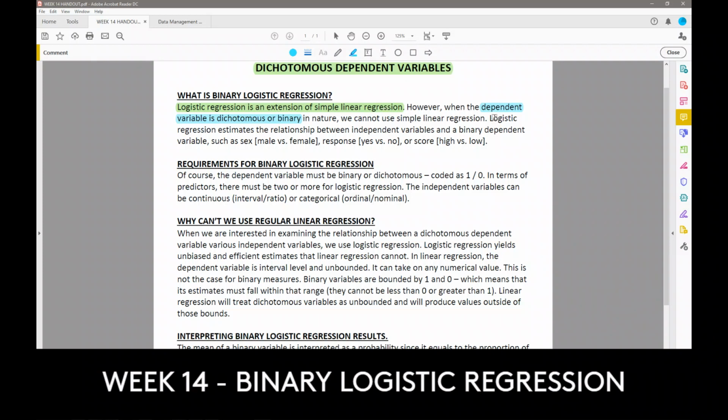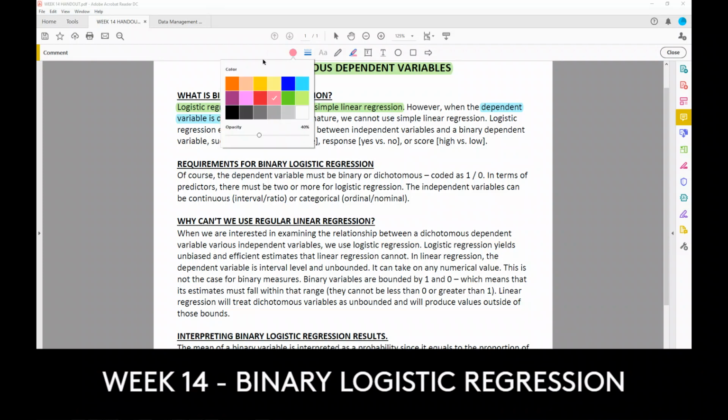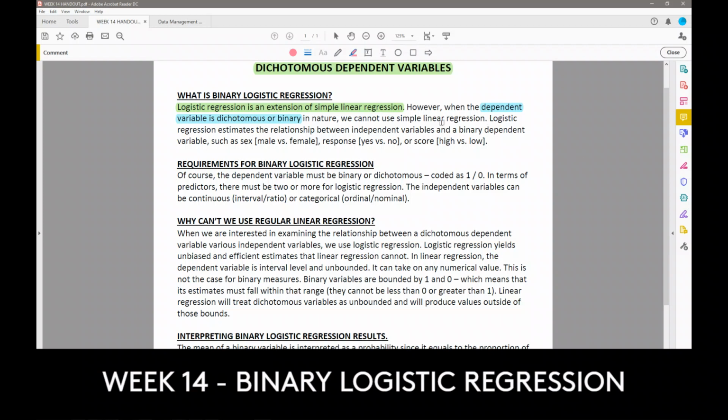What do you do when it's binary? Well, you use binary logistic regression. Okay. We cannot just stick a binary variable into linear regression and get valid results. Okay. This is why scientists have designed logistic regression.